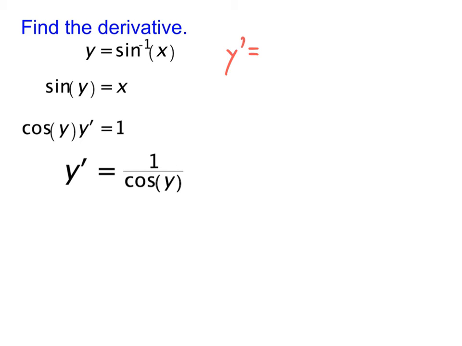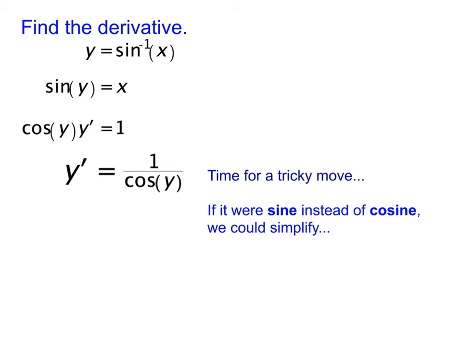Well, this is where we have to get a little bit tricky. Because if this were a sine of y instead of a cosine of y, then we could actually do something with it, right? So how can we change that part of our equation to involve sine instead of cosine?